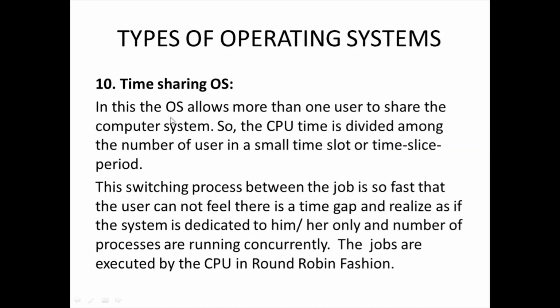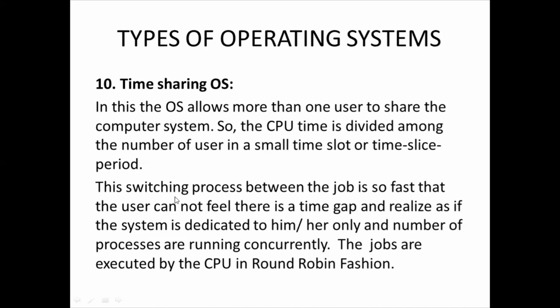So here more than one user is sharing the computer system. The CPU will divide the time among the number of users, and that divided time is called a small time slot or time slice period.